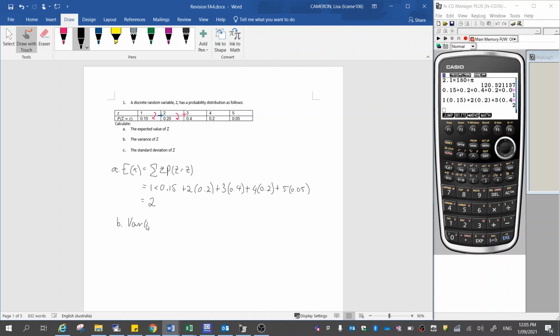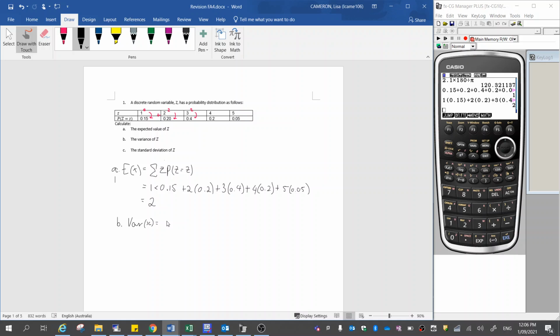Okay, so to calculate the variance of that one, we're going to do the same thing again, or similar, I should say. Now like last time, I don't remember the formula, but I remember the process. So it starts off as this squared times this plus this squared times this plus this squared times this.